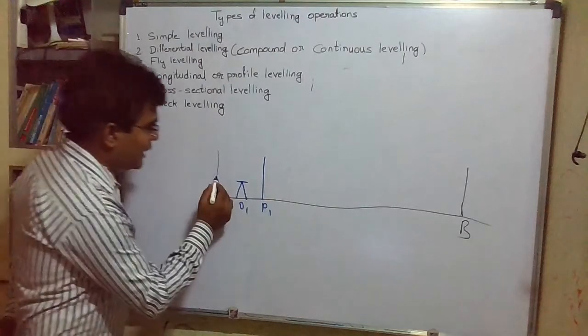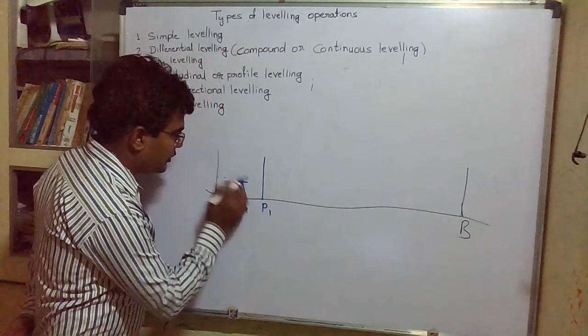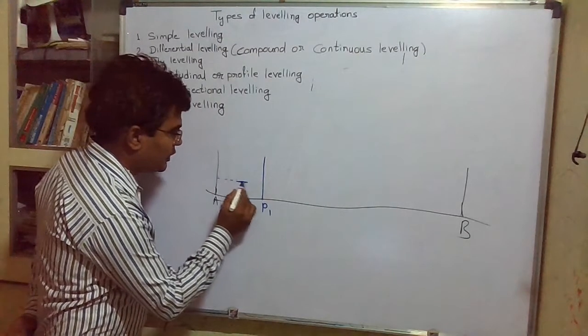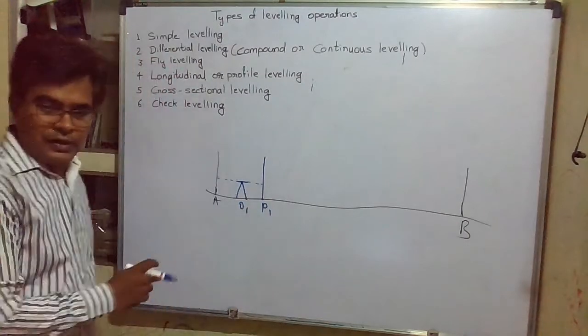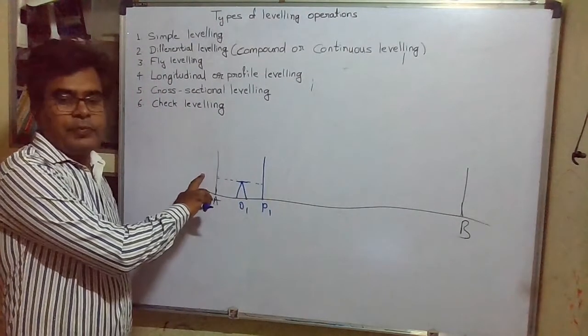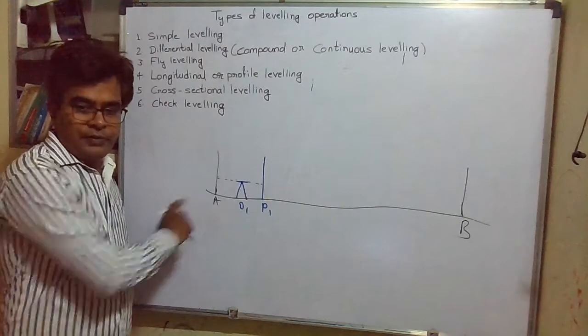Then we will calculate the level difference between these 2 points just by subtracting the staff reading of the next point from the previous point.